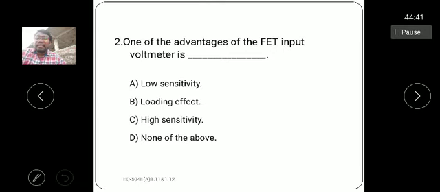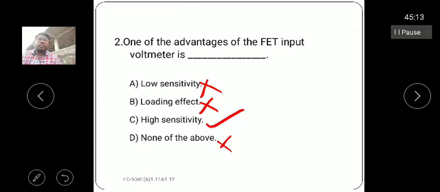The first advantage is high accuracy, but it is not an option. High sensitivity is there. For the loading effect, there is no loading effect, but here they are giving the loading effect present, which is not correct, because the loading effect is not there in the circuit. And sensitivity is high, none of the others cancel it.